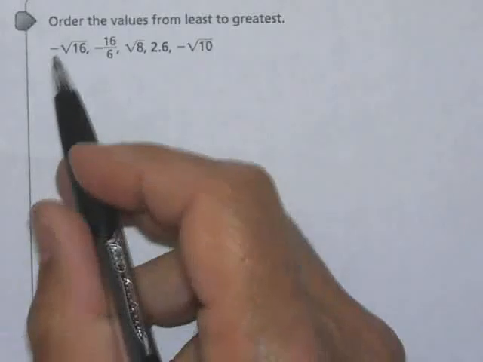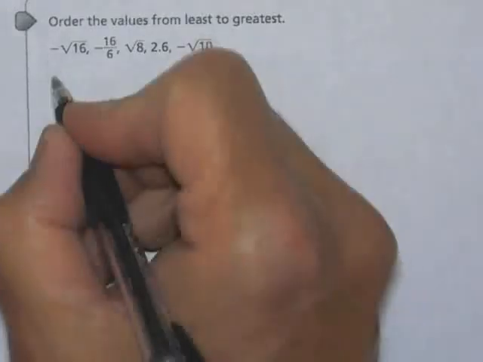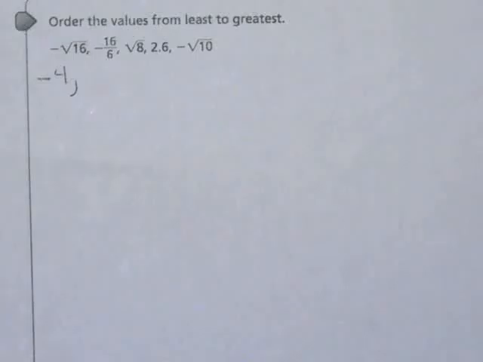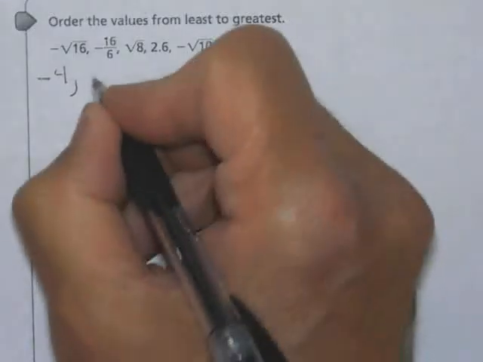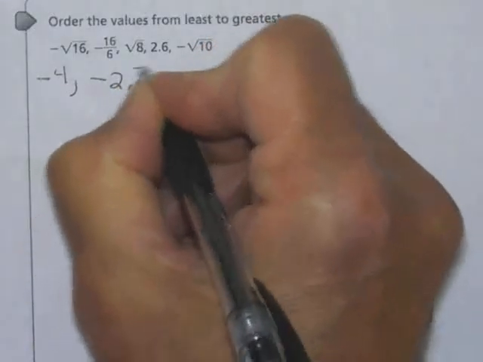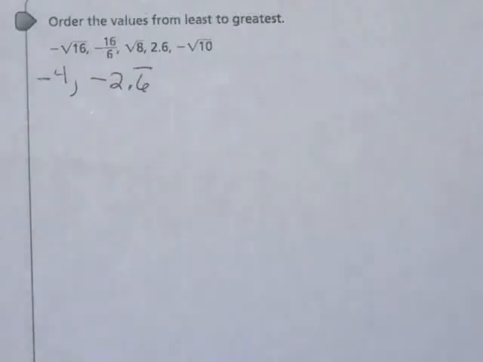This, of course, would be the same as -4. Our next one is -16/6. If I converted this to a decimal, it would end up being -2.6 repeating. And you can do this by hand or by using a calculator.